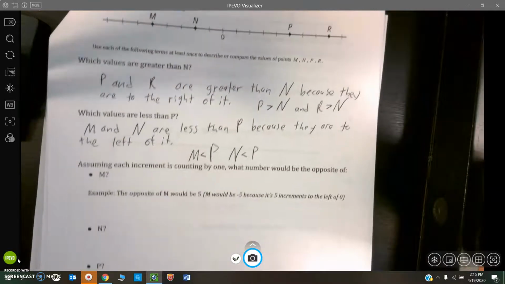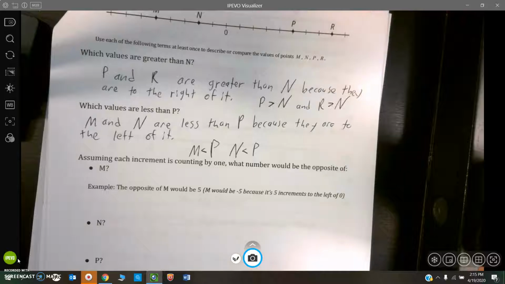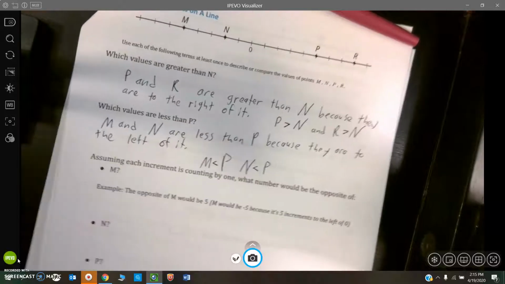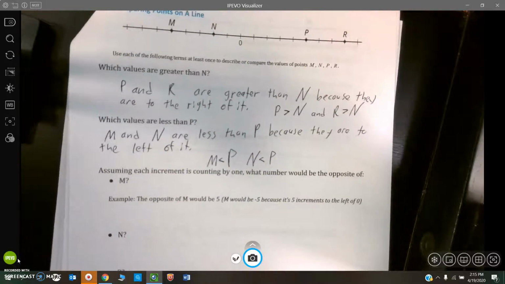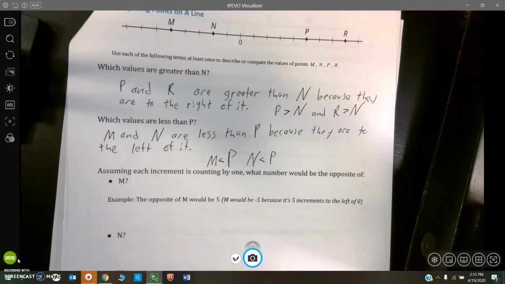Alright, so next, assuming each increment is counting by 1, what number would be the opposite of M? Okay, so M's the first one. This one was actually already answered for us. It says the opposite of M would be 5.